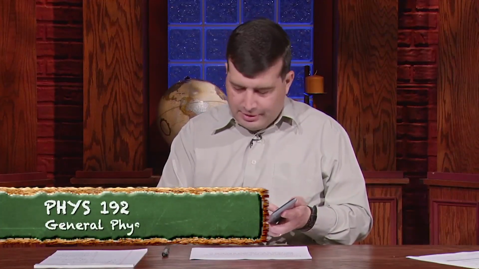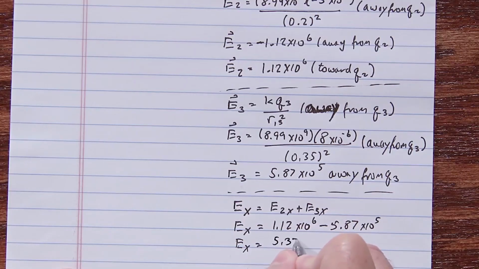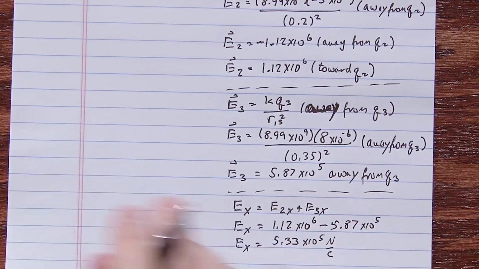or Ex total is 1.12 times 10 to the 6 minus 5.87 times 10 to the 5, which would give me 5.33 times 10 to the 5 newtons per coulomb.